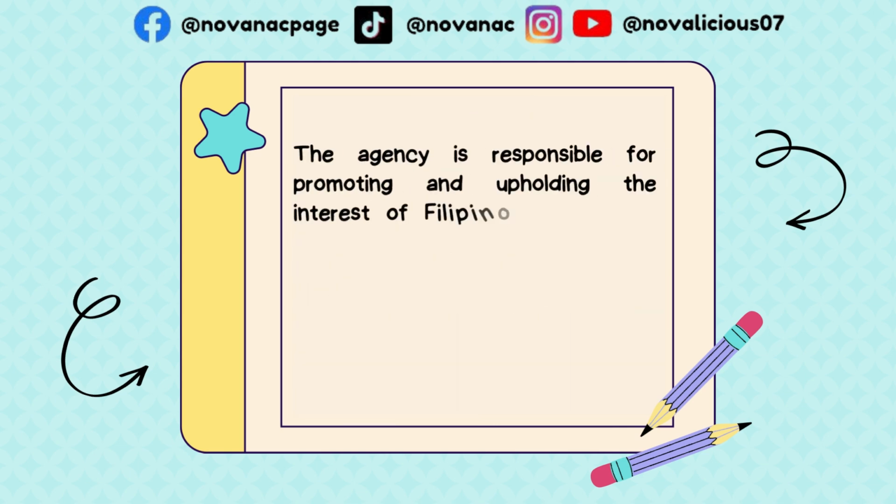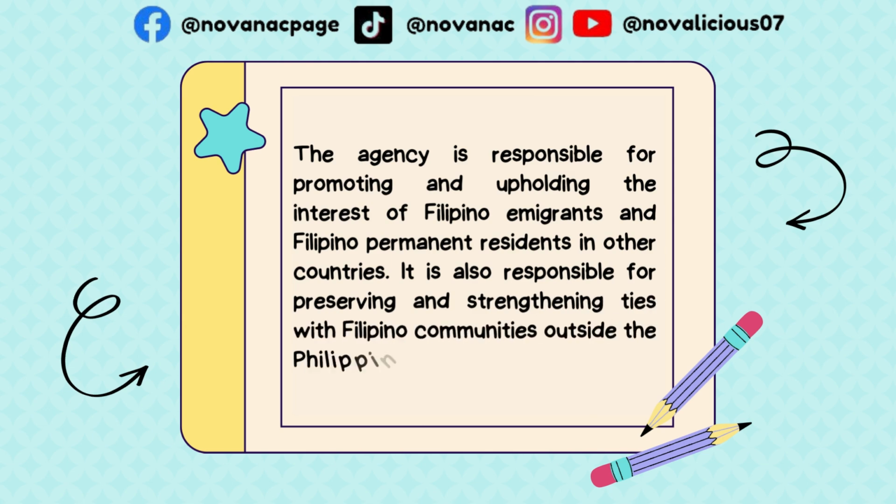So the agency is responsible for promoting and upholding the interests of Filipino immigrants and Filipino residents in other countries. It is also responsible for preserving and strengthening ties with Filipino communities outside the Philippines.